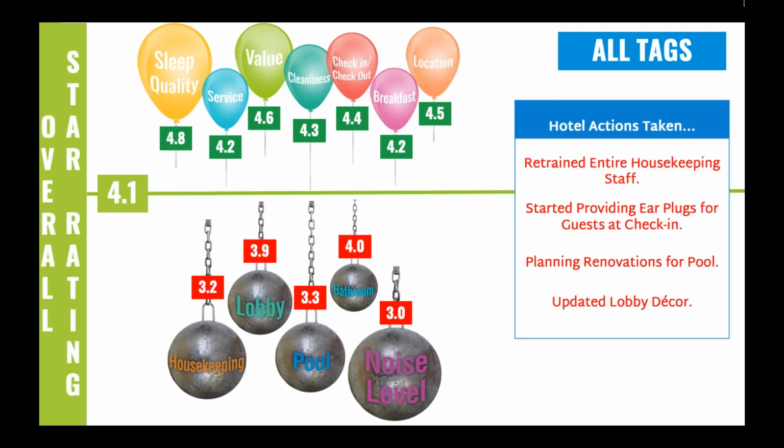Now, if we were able to identify these weights that are weighing down this hotel's overall reputation score, the hotelier could then implement fixes like retraining the housekeeping staff, perhaps providing earplugs at the front desk to help cancel out some of the noise level complaints, putting money towards a major capital improvement like renovations of the pool area, or even doing small capital investments like updating the lobby decor or lighting.